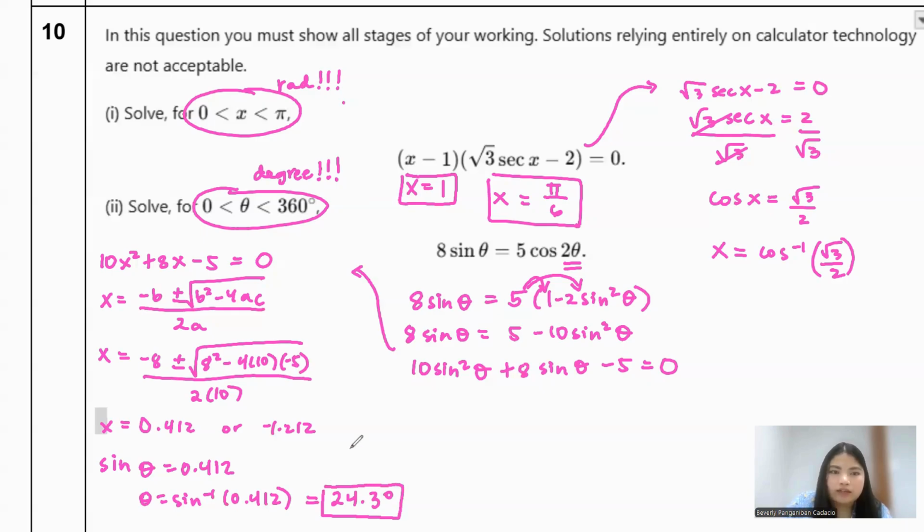But you're not yet done, there's another answer, but not the one from sine inverse of negative 1.212, because you know that sine inverse only works for values from negative 1 to 1, and that is more than negative 1. So if you want to try, go ahead. You can try, and you will see that it will be an error.